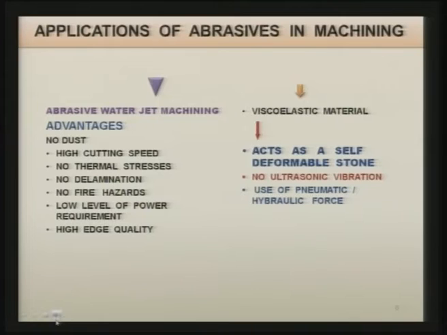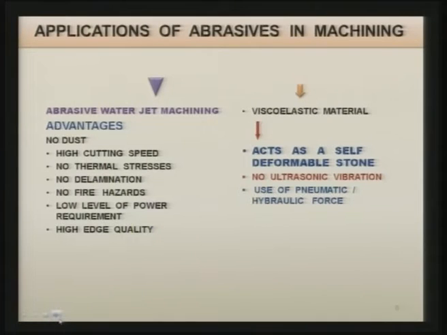On the other hand, as an improvement over the ultrasonic machining process principle, we have a process called abrasive flow finishing, which uses a viscoelastic material as the medium in which abrasive particles are added. This viscoelastic material acts as a self deformable stone, which we will discuss later in another chapter.